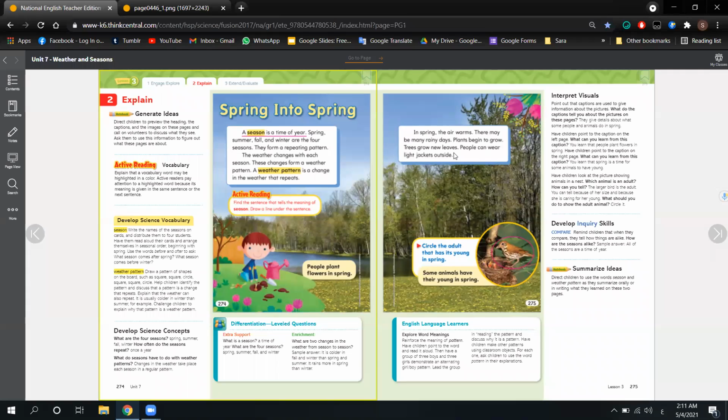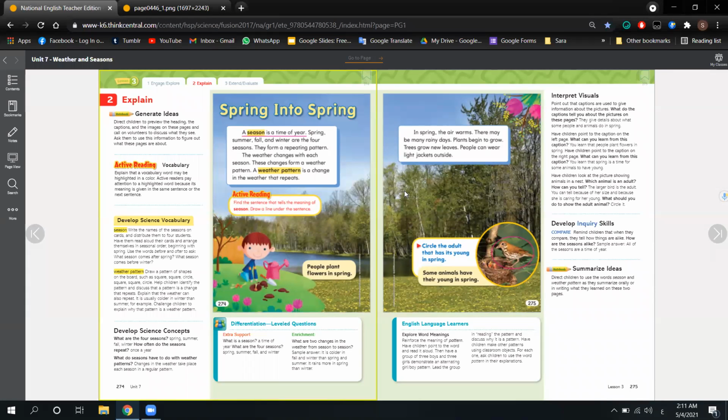So when do leaves grow? The leaves on trees grow during what? During spring. And people can wear light jackets outside, or you can wear light clothes, like I told you.